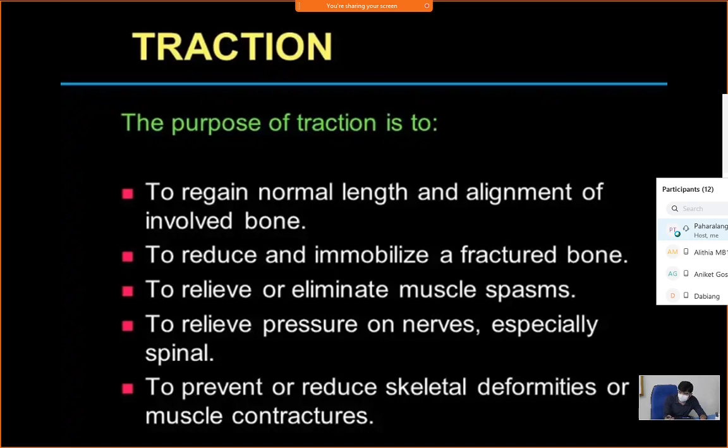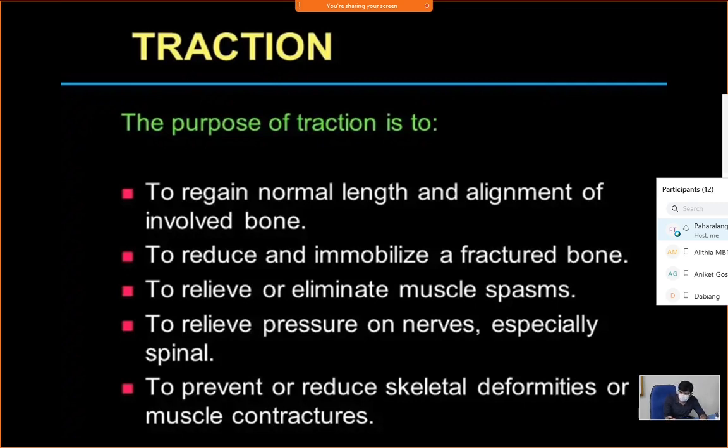To reduce and immobilize a fractured bone. It immobilizes the fractured bone and reduces the fracture fragments by aligning them. To relieve or eliminate muscle spasm, and to relieve pressure on the nerve, especially the spinal cord. We apply it in the cervical spine and in the lumbar spine also; later on you will see, I will show you the pictures also.